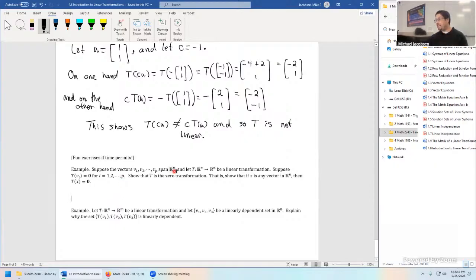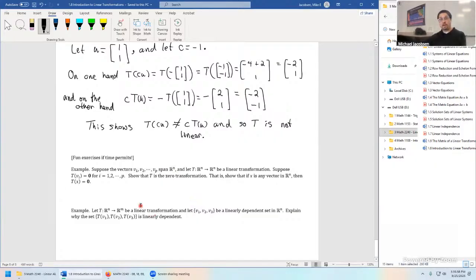Essentially, what these are each saying is, if you have a linear transformation and you have a set of vectors that spans the space, if every one of those vectors maps to zero, T is the zero transformation. T is just literally setting everything to zero whatsoever if it maps everything that spans the space to zero itself.